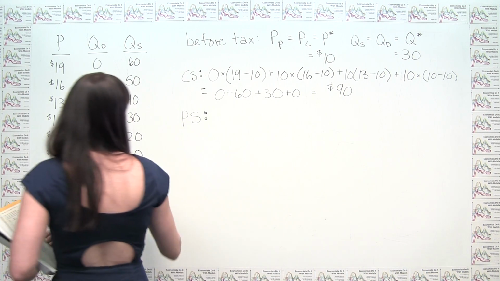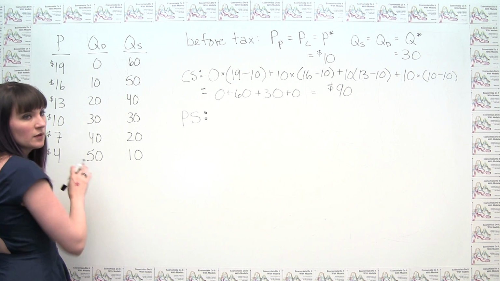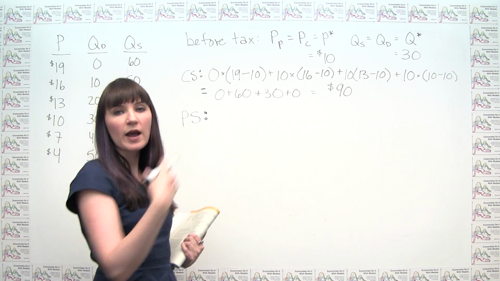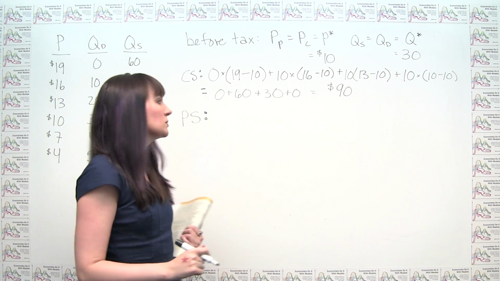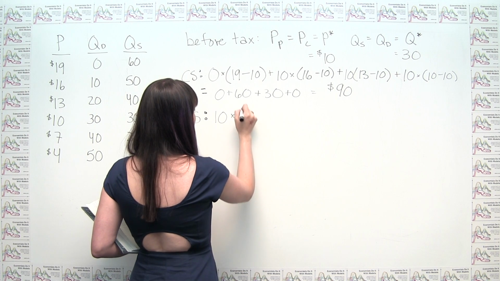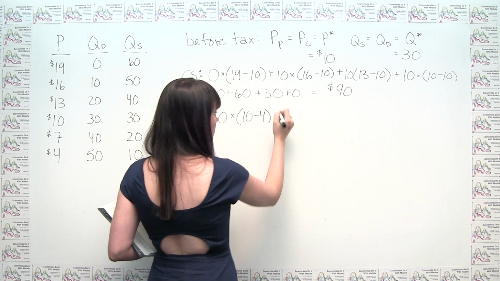So anyway, we can say that there are 10 units being sold that would have been sold at a price of $4, but are actually being sold at $10. So that generates producer surplus of 10 times 10 minus 4. Easy enough.